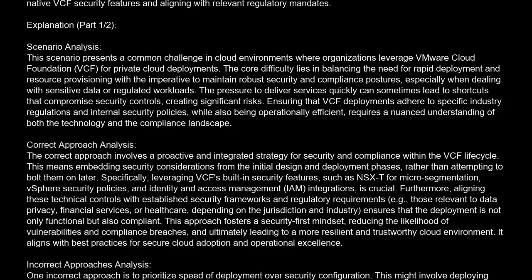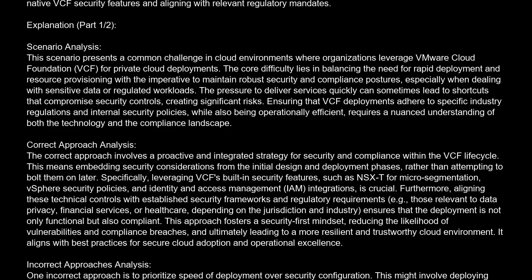Correct approach analysis. The correct approach involves a proactive and integrated strategy for security and compliance within the VCF lifecycle. This means embedding security considerations from the initial design and deployment phases, rather than attempting to bolt them on later. Specifically, leveraging VCF's built-in security features, such as NSX-T for micro-segmentation, vSphere security policies, and identity and access management (IAM) integrations is crucial.